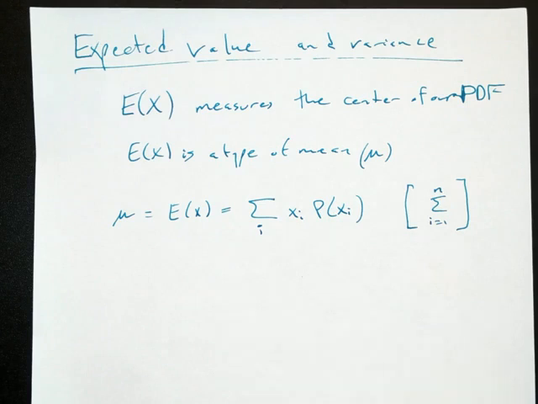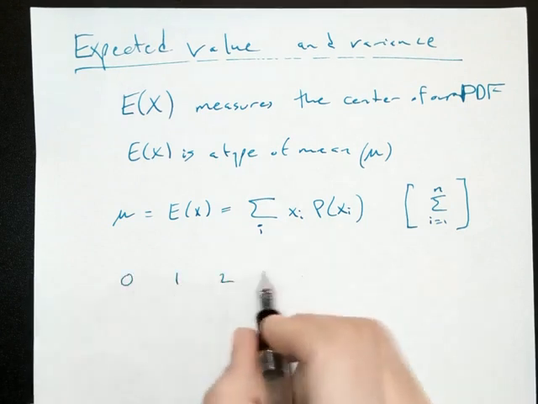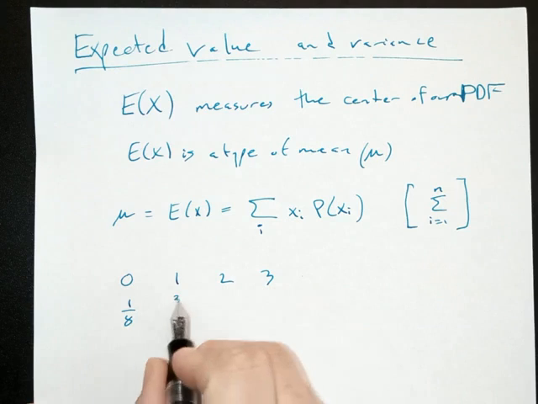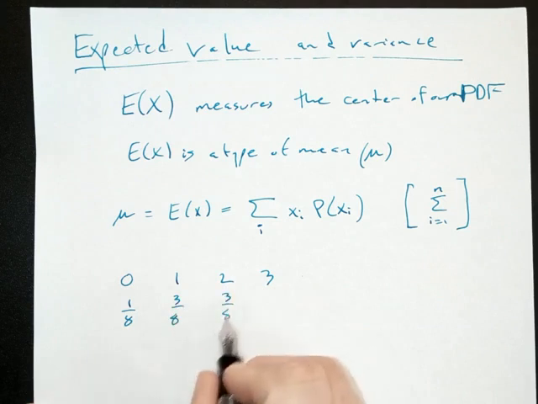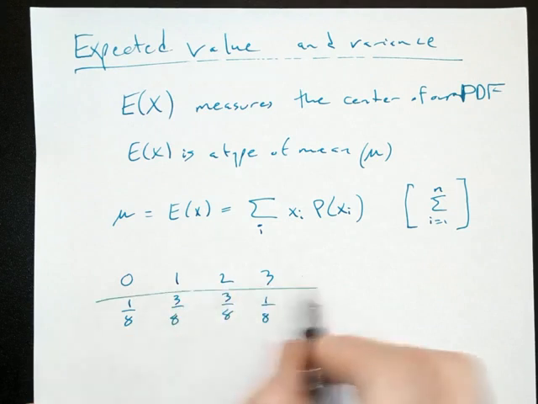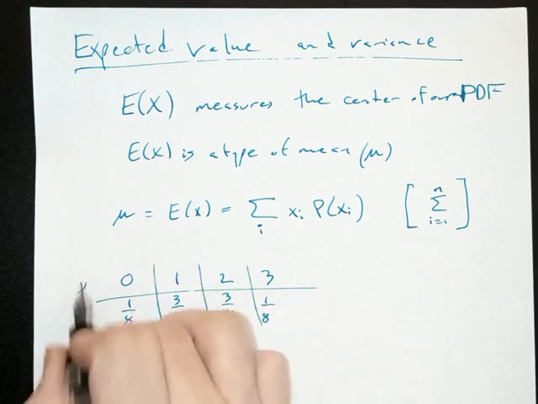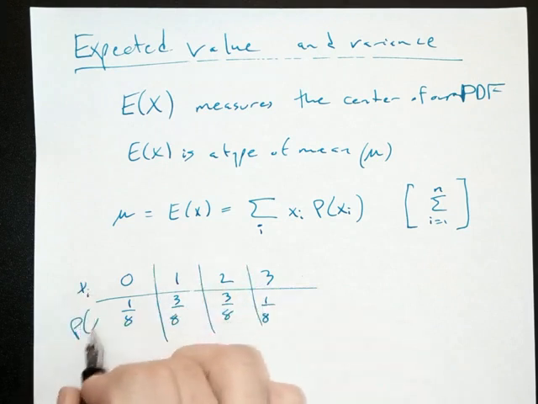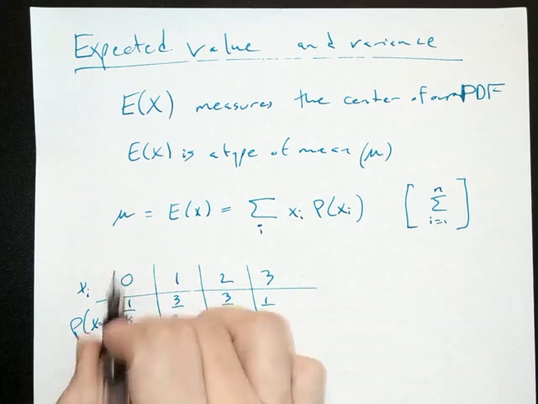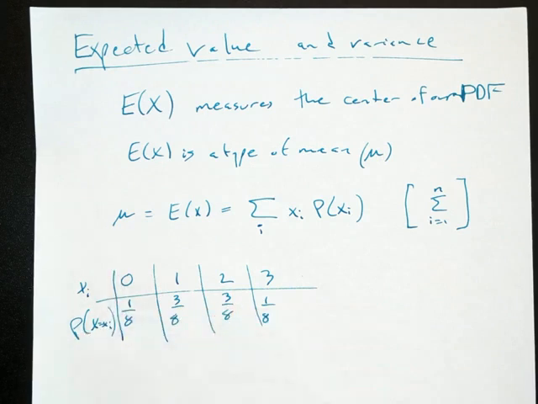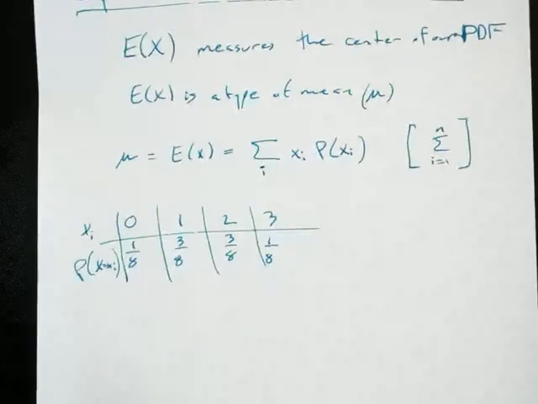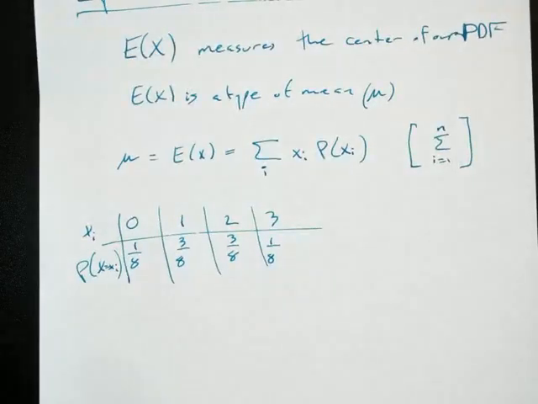So, for our coin flip, we had a table that looks like this. We had the values from 0 to 3 at the top, with the chance of each one occurring at the bottom.